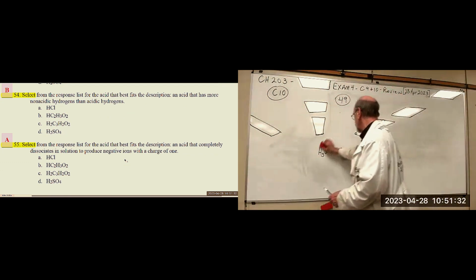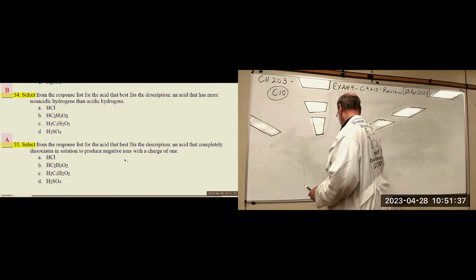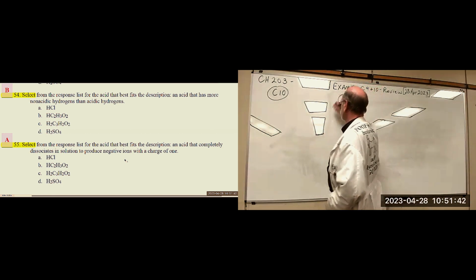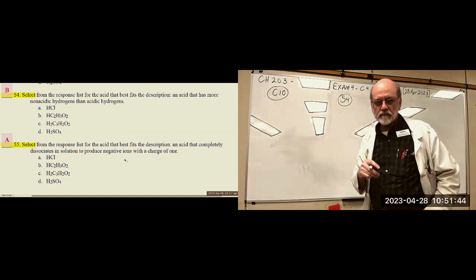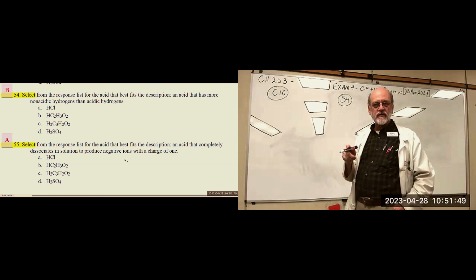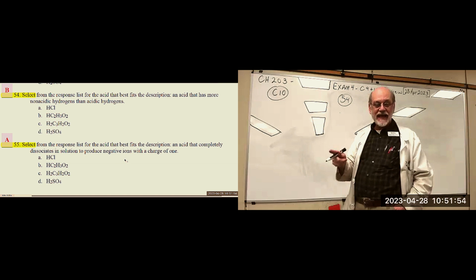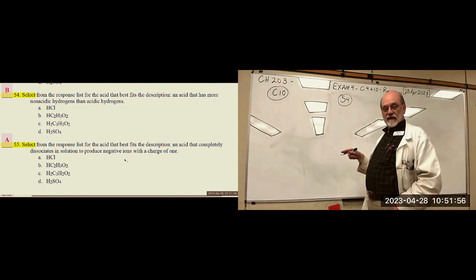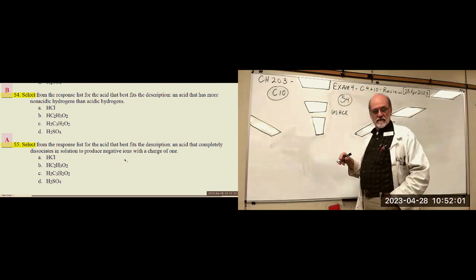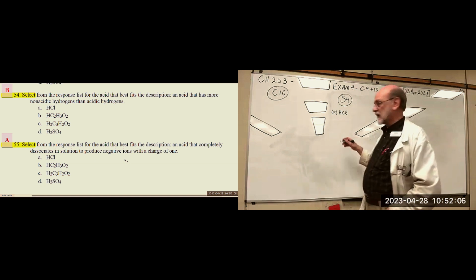All right, I got about 5 minutes left before I have to break. 54. Select from the response list the acid that best fits the description. An acid that has more non-acidic hydrogens than acidic hydrogens. All right. So hydrochloric acid has no non-acidic hydrogens, so it can't be it.